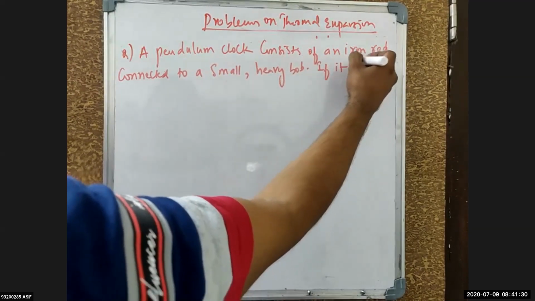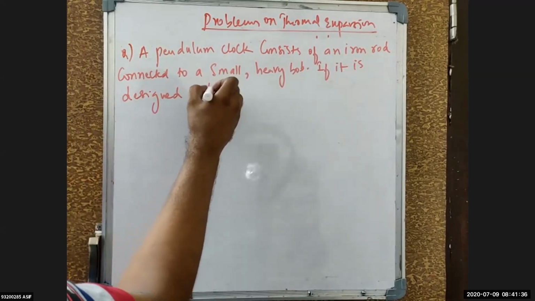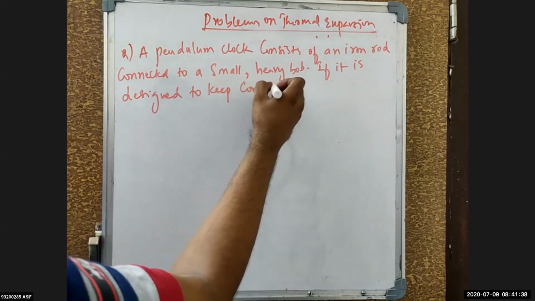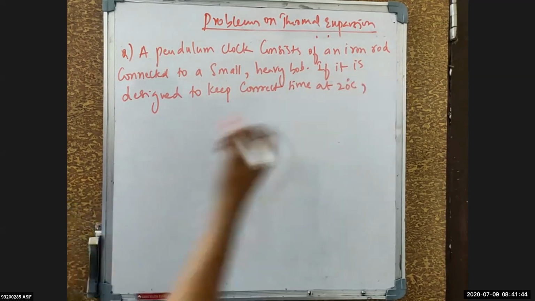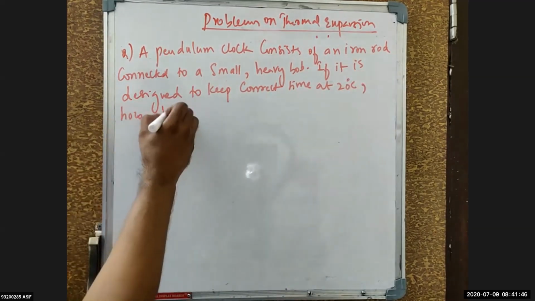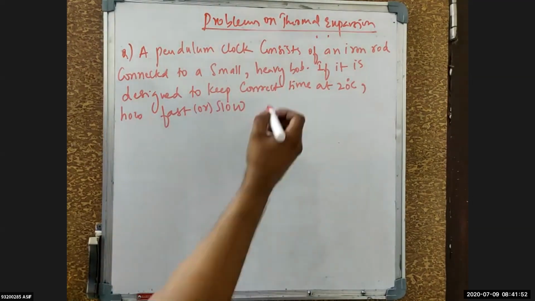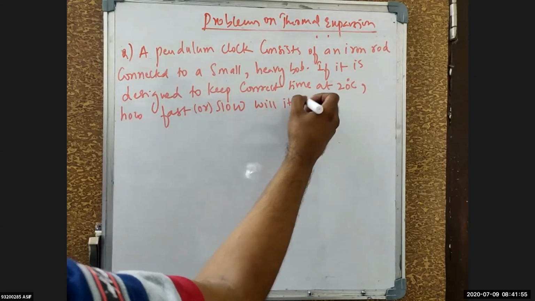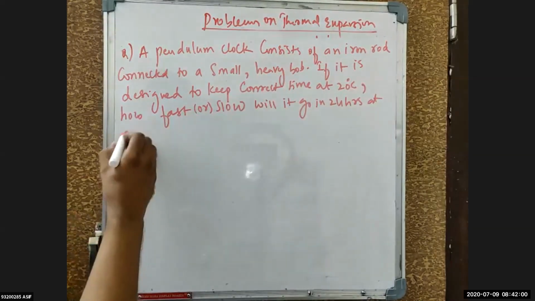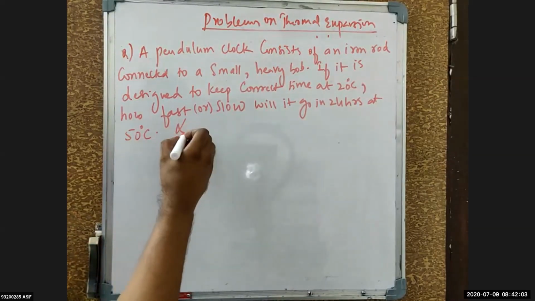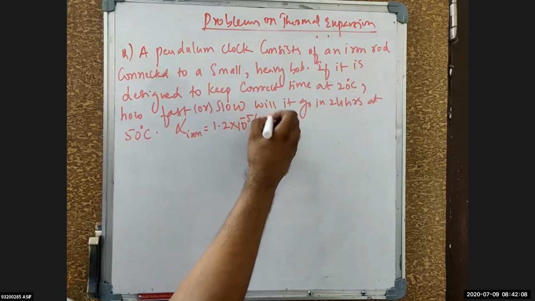First of all, if it is designed to keep correct time at 20 degrees centigrade, how fast or slow will it go in 24 hours at 50 degrees centigrade? Alpha of iron is equal to 1.2 into 10 to the power of minus 5 per degree centigrade.